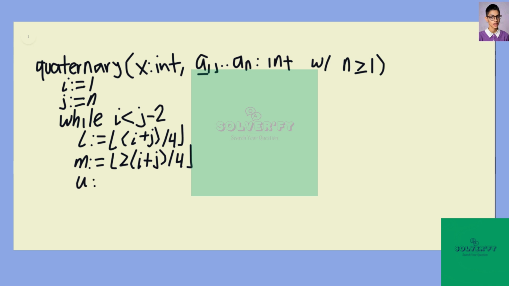And then we'll have a U as the next one, and this will be our 3/4 of the way through that list. Okay, and so essentially, if we have our list here, we've put L about 1/4 of the way through, and then M about halfway through, and then U would be 3/4 of the way through.